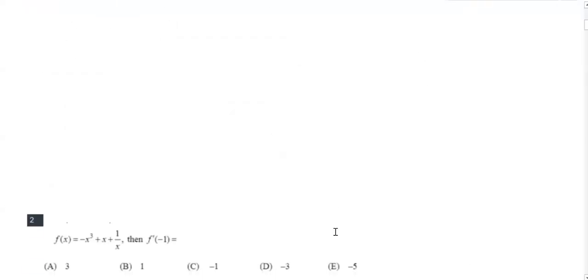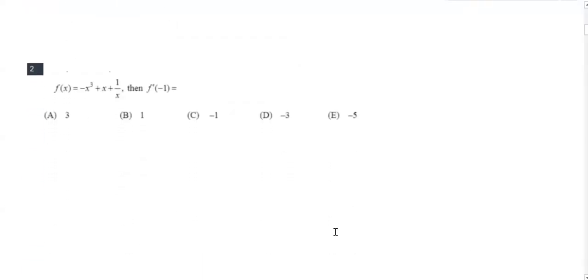All right, moving along here. Number two, we want to find the derivative evaluated at -1. Now, assuming we're not allowed to use a calculator here, we'll just take the derivative. First thing I'm going to do, though, is rewrite this as x cubed plus x to the -1.